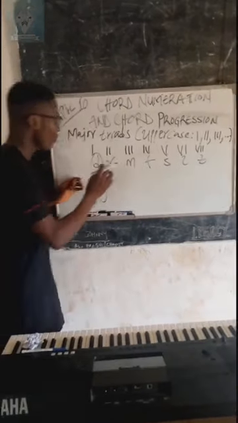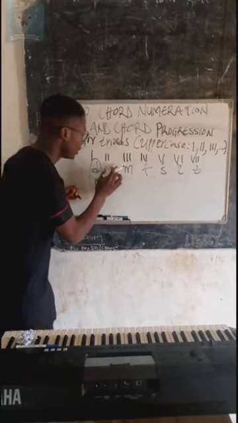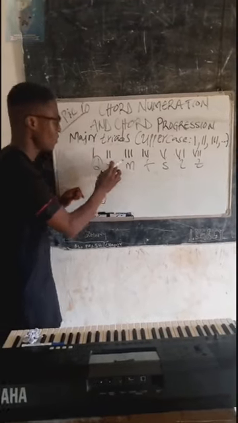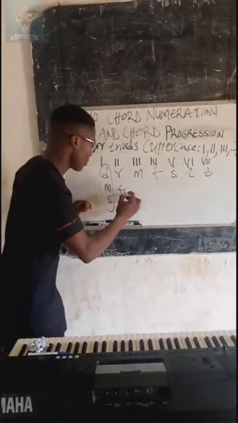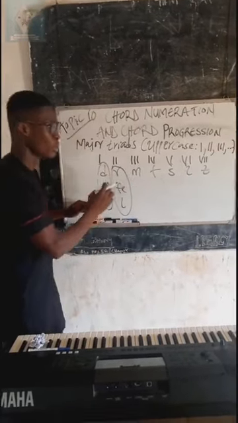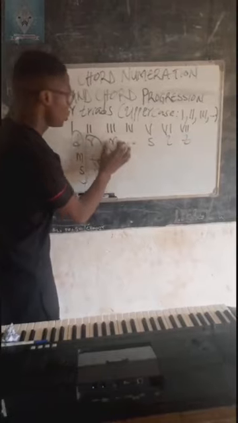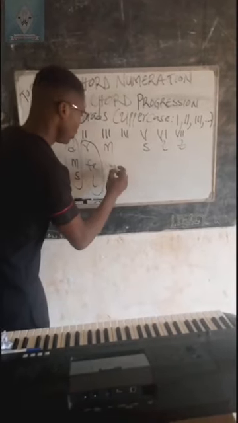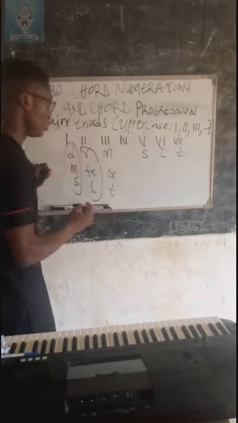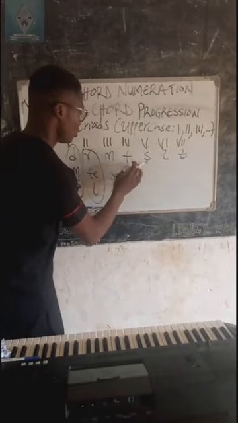Now, what is the second note? What major chord is built on this root? This is the major chord built on this root. What major chord is built on the next root?